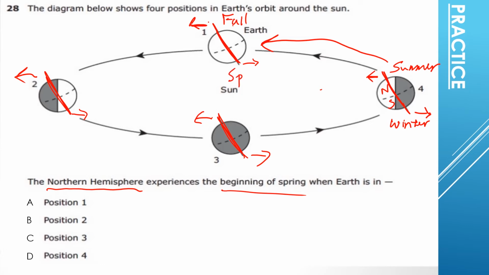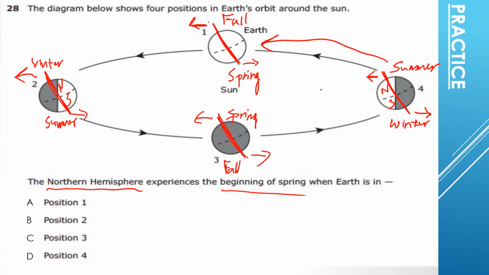This would be spring in the southern. So right here, the northern hemisphere is facing away, more away. So we have winter, we have summer, and right here, neither one. So what comes after winter? Spring. And this would be fall.